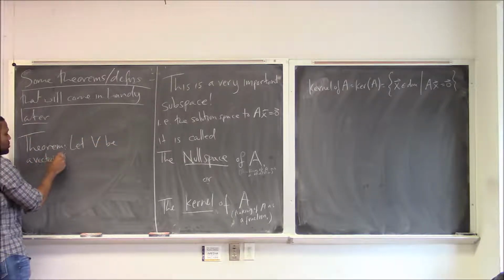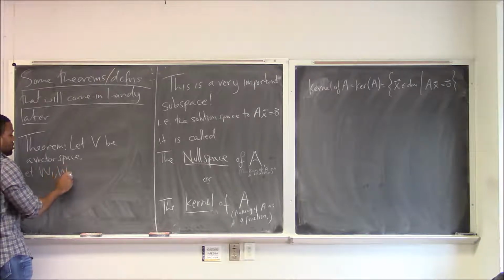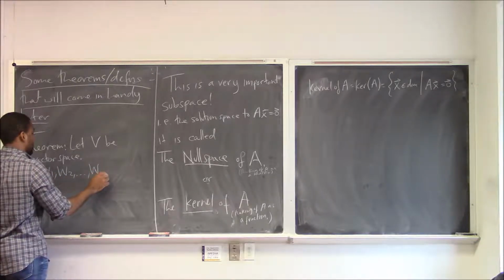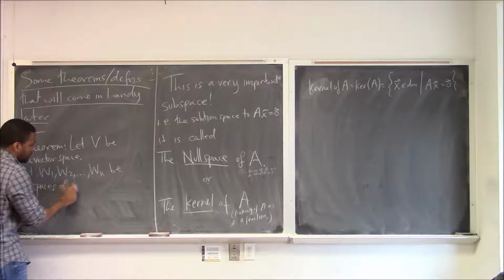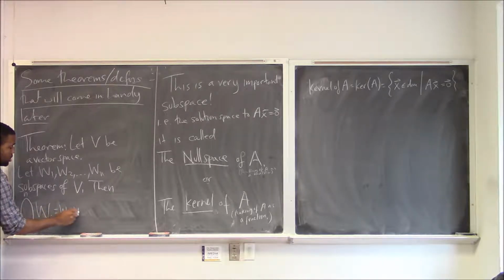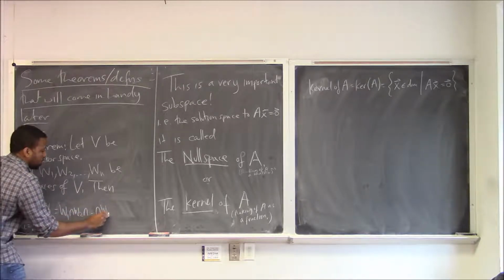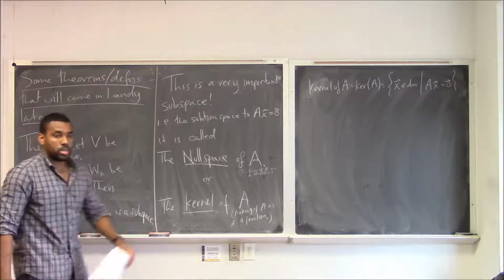Let V be a vector space, and let W1, W2, ..., Wn be subspaces of V. Then the intersection of all these subspaces, the intersection over i from 1 up to n of Wi, which is basically W1 intersect W2 all the way down to intersecting with Wn, is a subspace as well. The intersection of subspaces is a subspace.